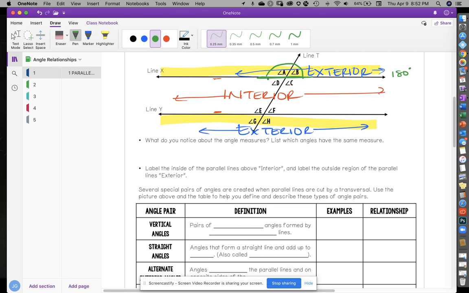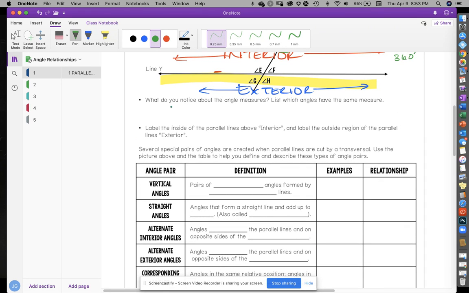If you continue that around, you have a full circle, which is another 180 degrees, giving you 360. So whatever angle B is, so will be angle D. And whatever angle A is, so will be angle C. We'll get into those rules in a little bit.